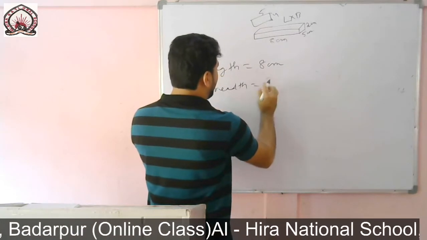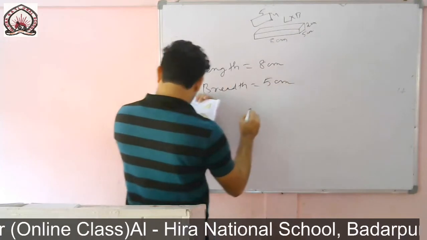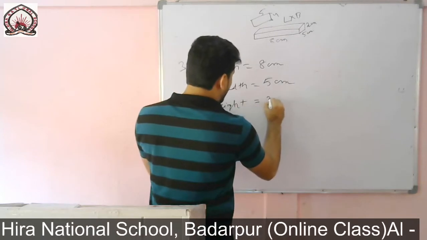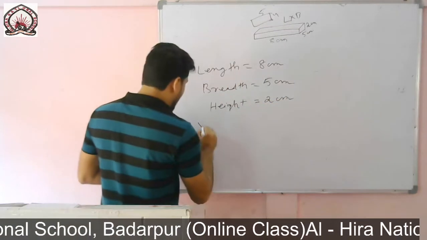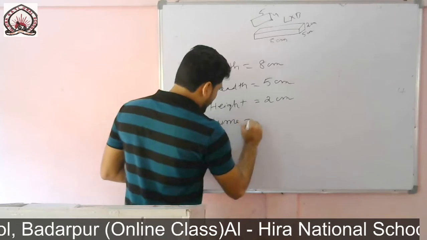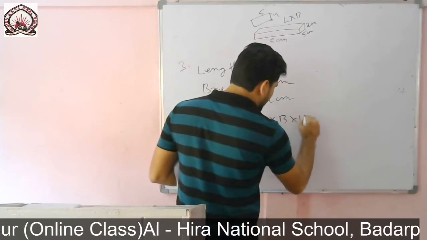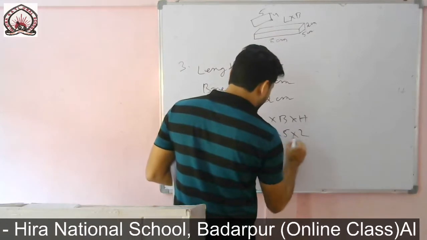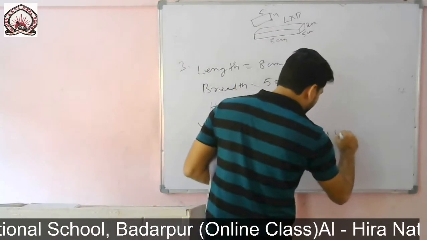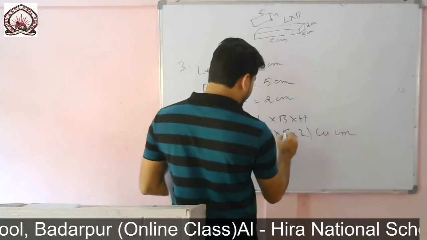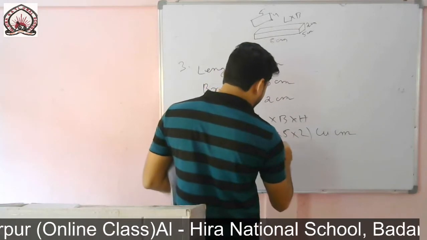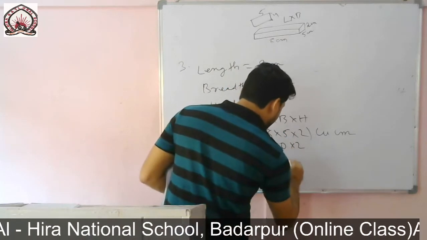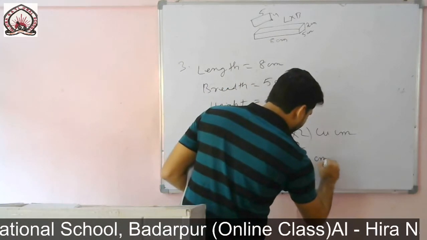Then volume will be length into breadth into height, that means 8 into 5 into 2 cubic centimeter. 5 8s are 40 into 2, 4 2s are 80 cubic centimeter.